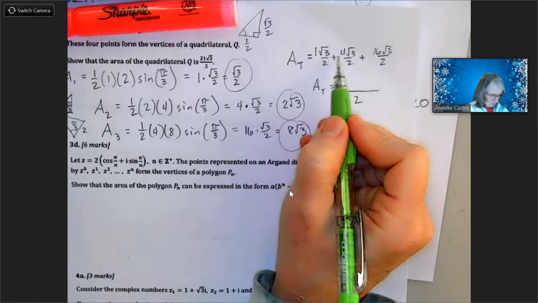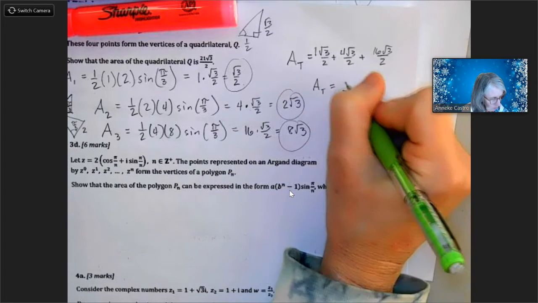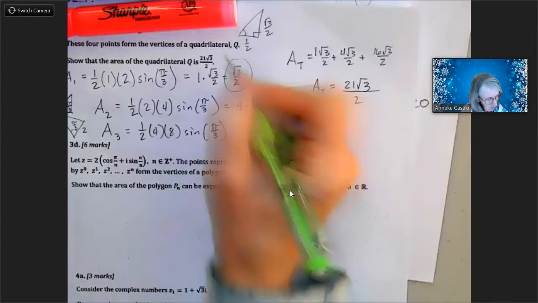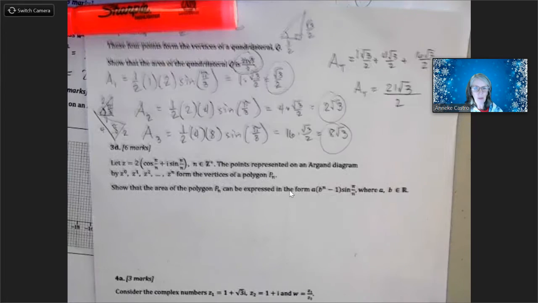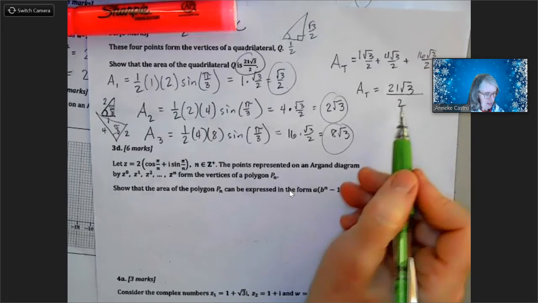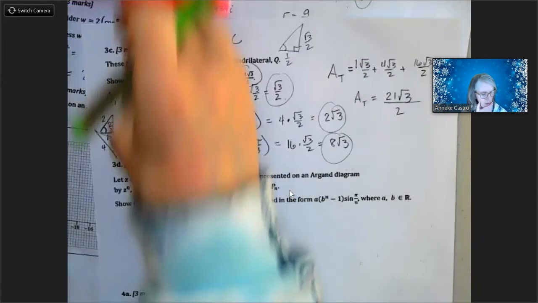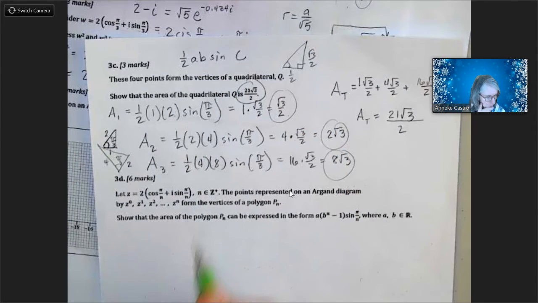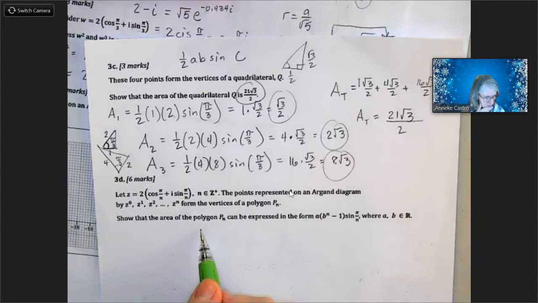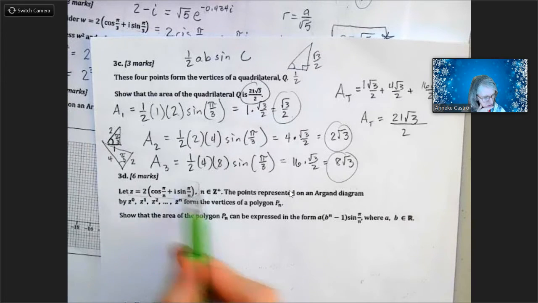So 1 plus 4 is 5. 5 plus 16 is 21 square roots of 3, which matches what we were trying to find. Okay, there are other ways to break up that shape to figure out the area and still get this. But this way, using this formula, 1/2 ab sine C, is the best way to set us up for the next problem. Okay, because here they're saying they want sort of a general form for this equation.